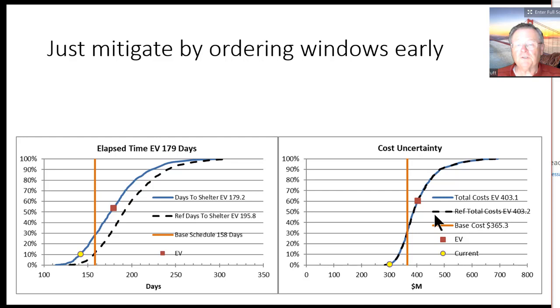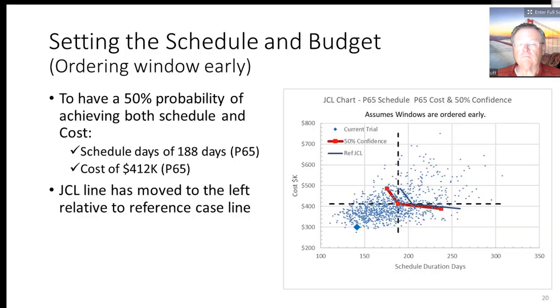Well, I'm going to assume we're just going to mitigate by ordering the windows. So we can look at those CDFs. And we can see here that the reference schedule of 196 days moves down to 179 days. And there is no change in the cost because we could say there was no cost to that particular mitigation.